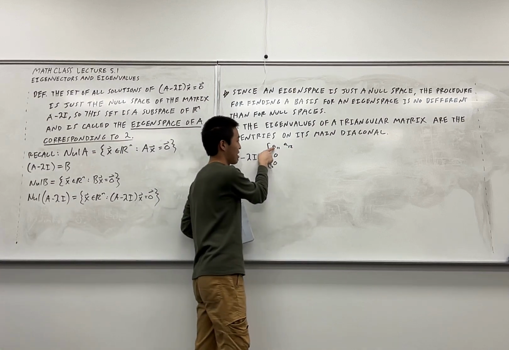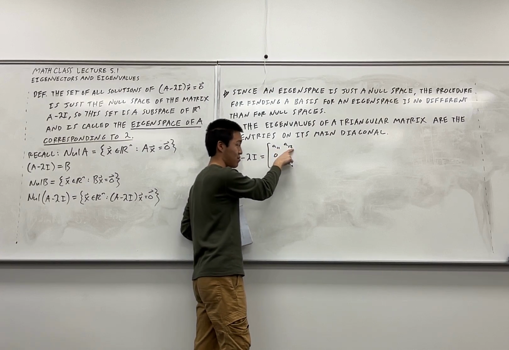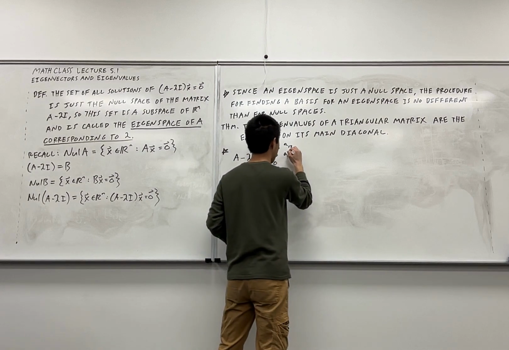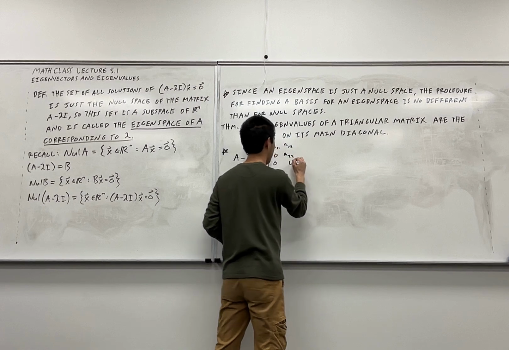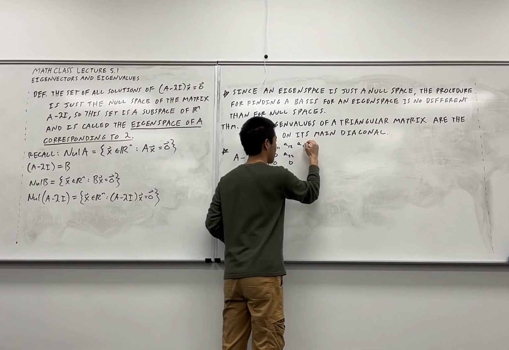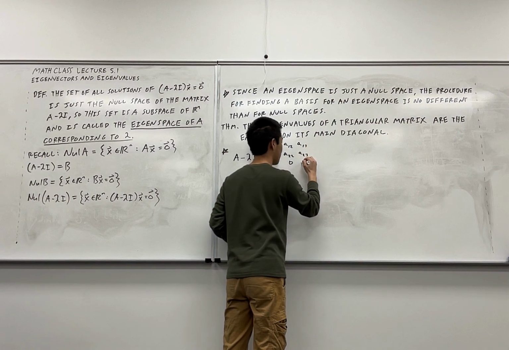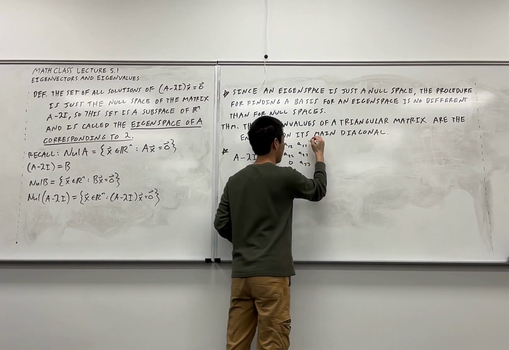So what this is telling me is first row, first column. First row, second column, etc. So this here would be second row, second column, A22. And then first row, third column, second row, third column, third row, third column.